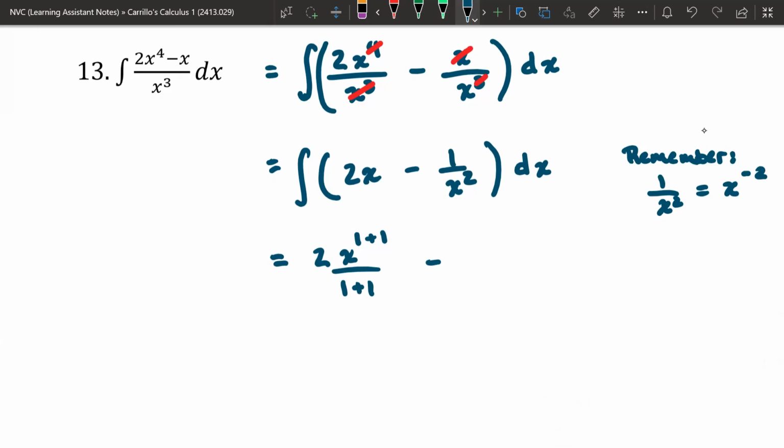So the second term will be x to the negative 2 plus 1 over negative 2 plus 1, and then finally plus constant of integration.